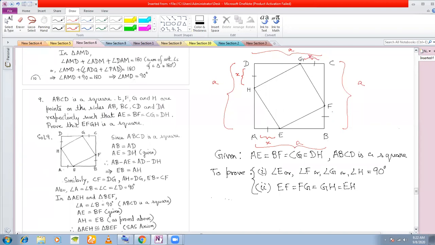Let us call all these to be x because they are equal. Therefore, what should be this length? Its length will be a minus x. This length will be a minus x. Similarly, here it will be a minus x. This length will also be a minus x, right?